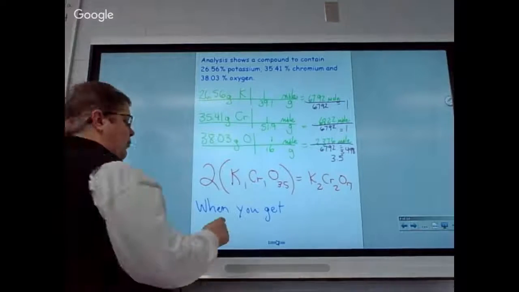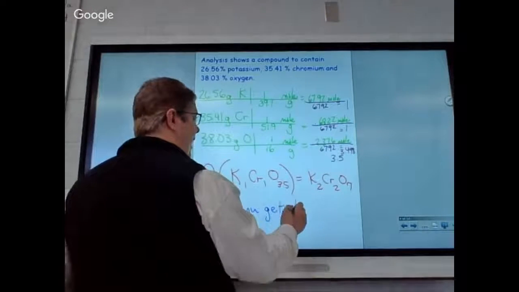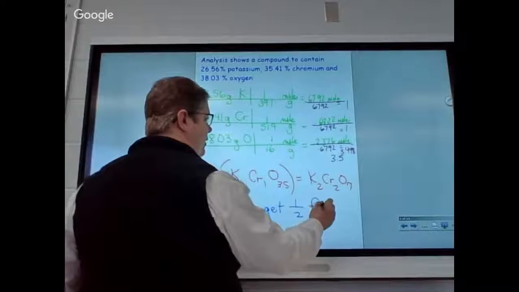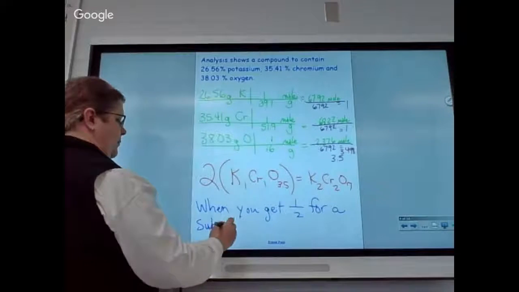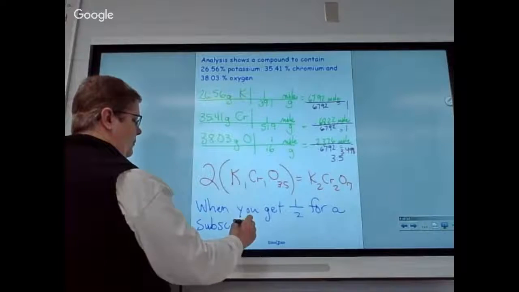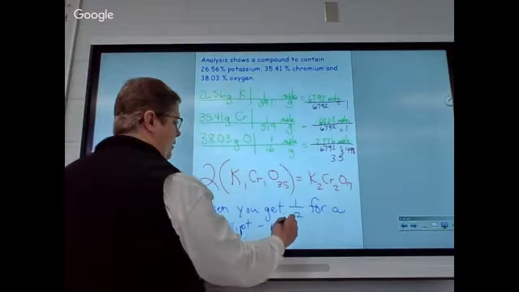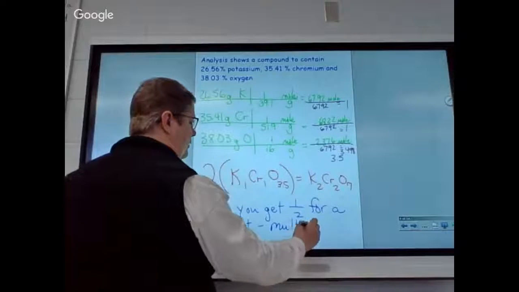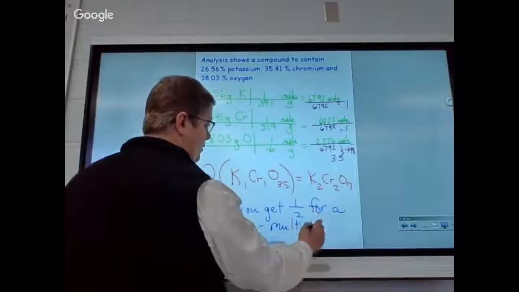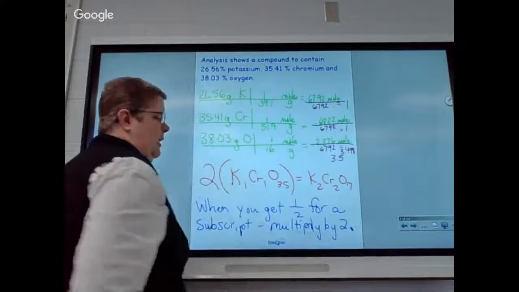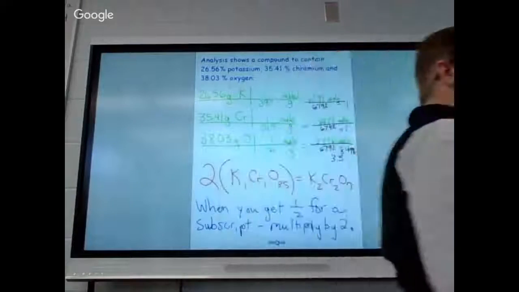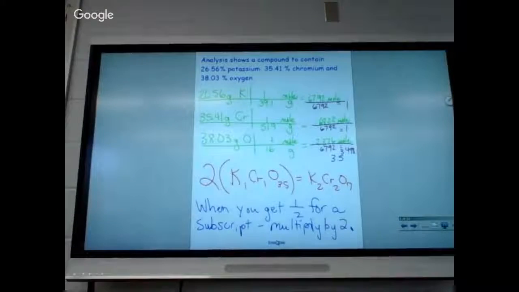Okay? When you get 1/2 for a subscript, multiply by 2. Now, you could have the same issue if you got a third or a fourth or any other fraction.